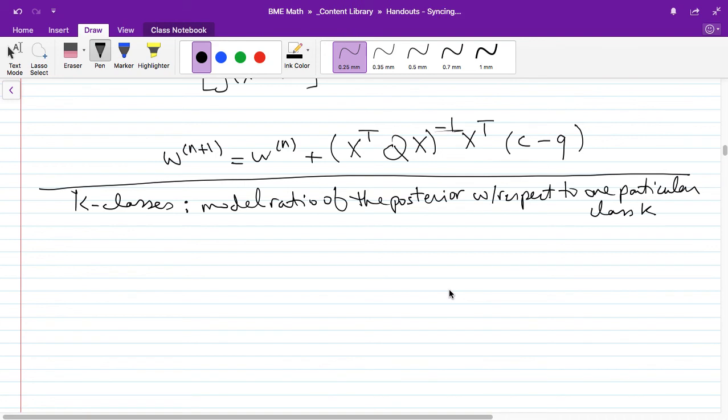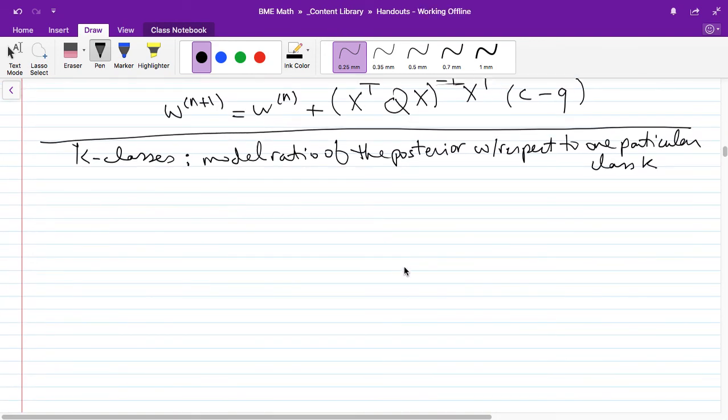So you have K classes, and let's pick one of them as the one that we care about, and we're going to model everything with respect to that class. So what we care about is the log of the probability of, say, class 1 given x with respect to this special one, class K.